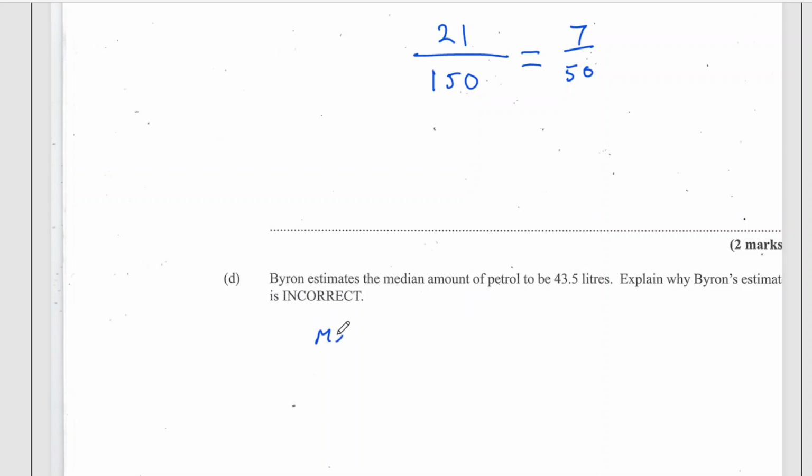Right, so median is n plus 1 over 2. N is what again? N is the total frequency, which is 150. So that is 75.5. Right? So it is the 75.5 value.